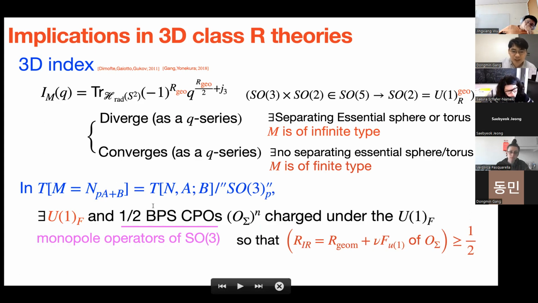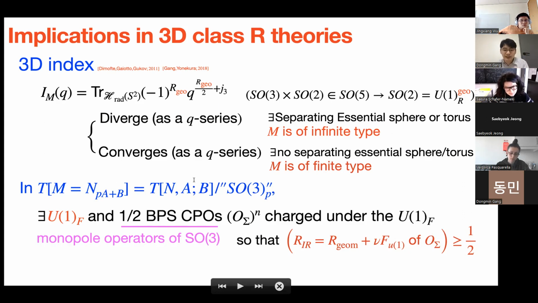So in our T[M] theory obtained by this gluing, for this case, we expect that there could be an additional U(1) flavor symmetry. Otherwise, this index does not make sense. The correct IR R-symmetry should be some linear combination of R geometric and a mixing parameter with this additional U(1) flavor symmetry, so that this operator satisfies the unitarity bound.